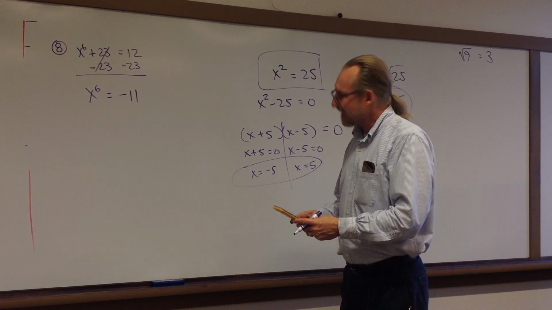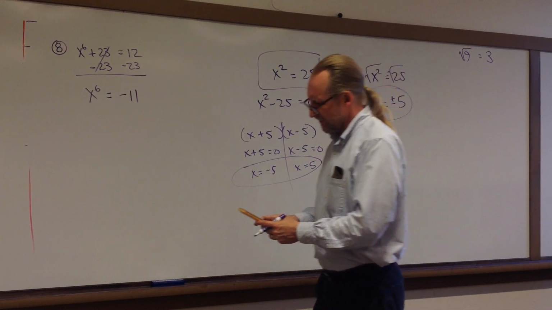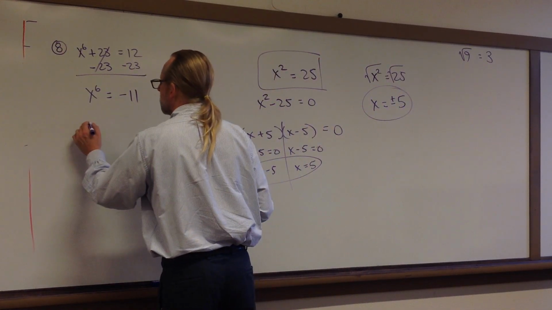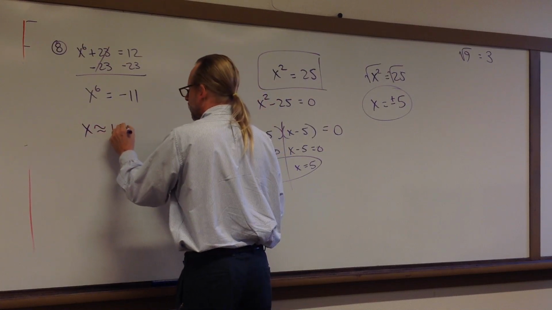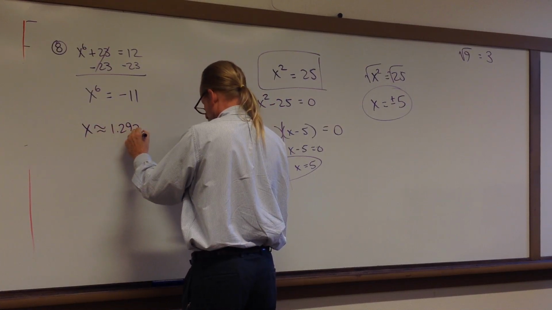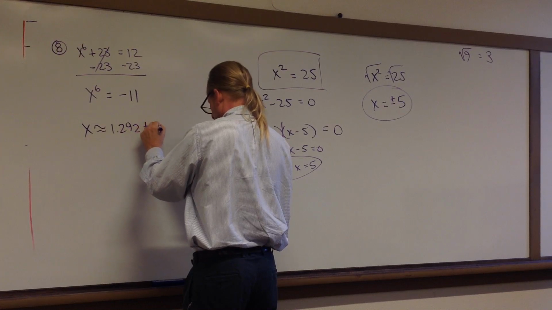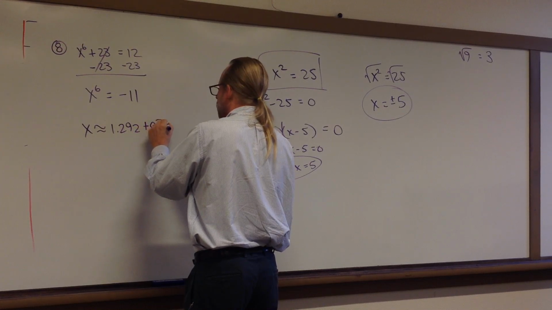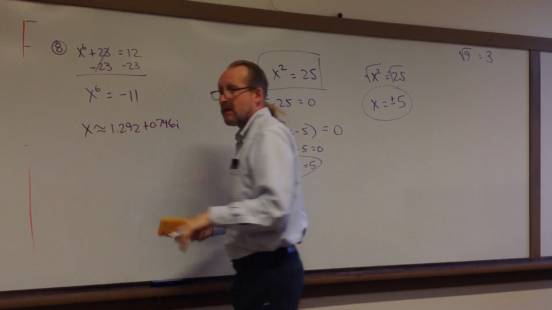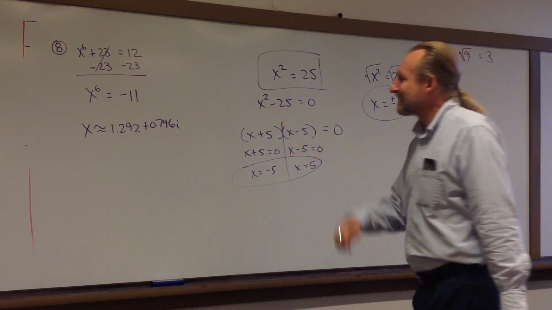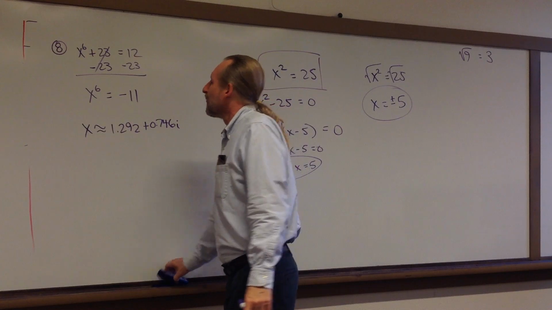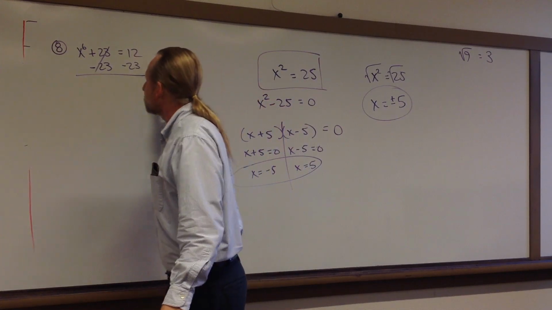So let's see. I think my calculator should be set up to do this. Yeah, the 6th root of negative 11 is going to give me approximately 1.292 plus 0.746i. Kind of confusing, okay? We're not really going to get into this. Like I said, we'll talk about that later in the term, okay?